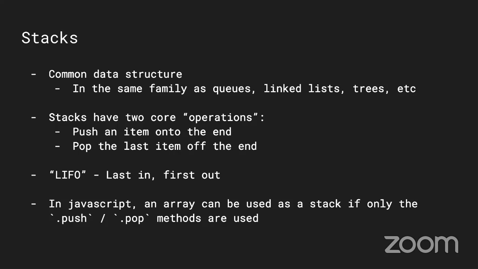You can push items onto the end, and you can pop items off the end. Those are the only two things you can do. You can't get the first item, or remove an item in the middle, or modify an item. You can just add things at the end and pop things off the end. So you're always doing it from the far end.